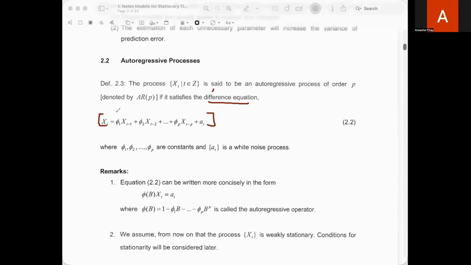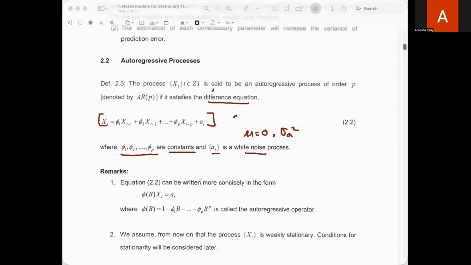So from phi 1 to phi p are all constants, and then your a_t is a white noise process. White noise process means again your mean is 0 and you have constant variance. So this one is quite important, right?